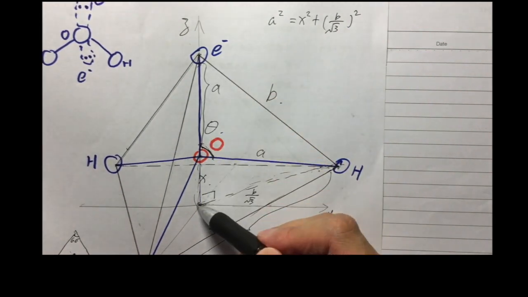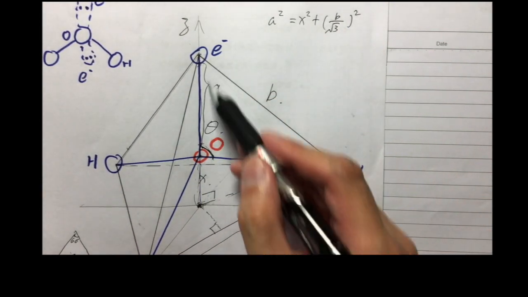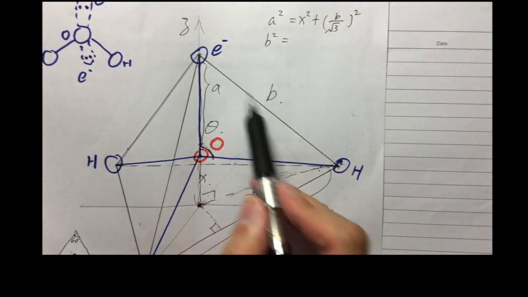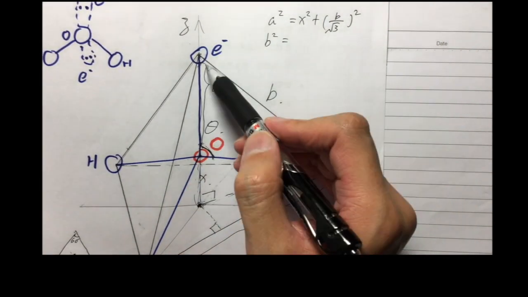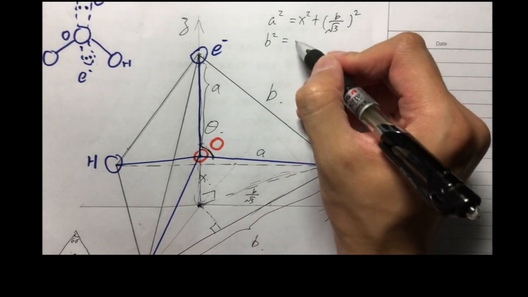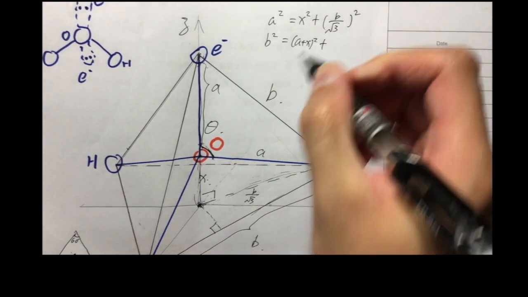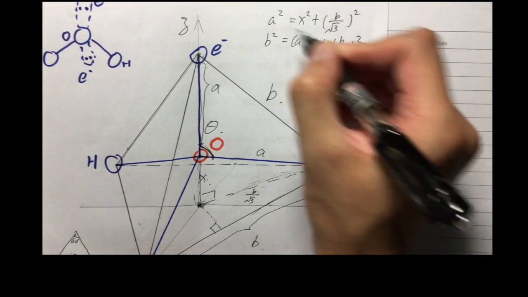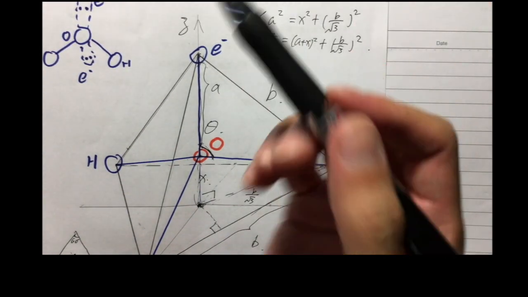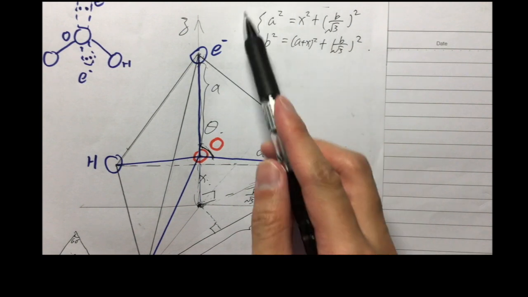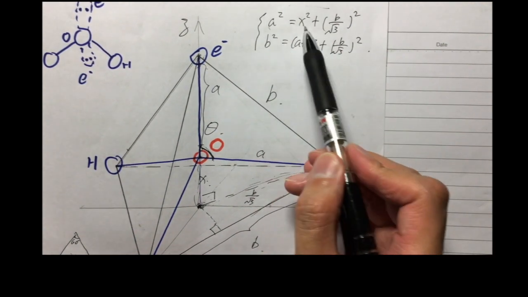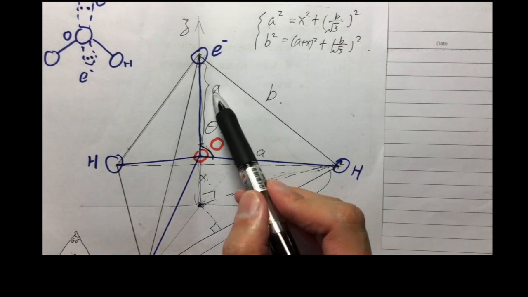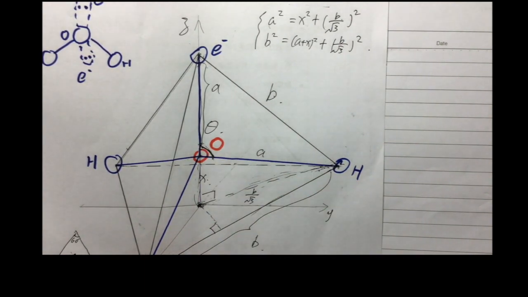And with this big triangle, we can make a relationship here with b squared equals a plus x squared plus b over square root 3 squared. So we can establish these equations, and with three variables, two equations, we can get a relationship between a and b. Then we can solve the problem.